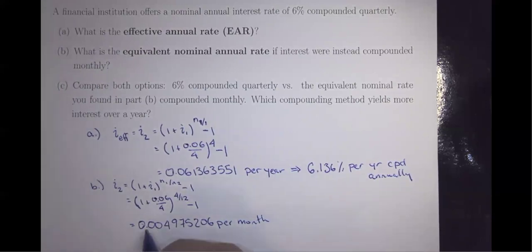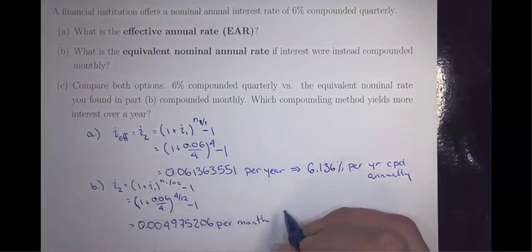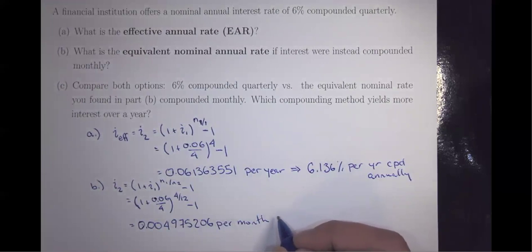So you notice that this is significantly different from my I2 up here, my I effective, because this is every year, this is every month. So we need to multiply this by 12 to get a per year rate.